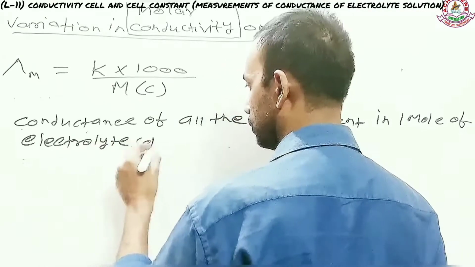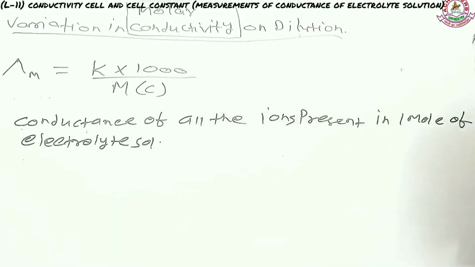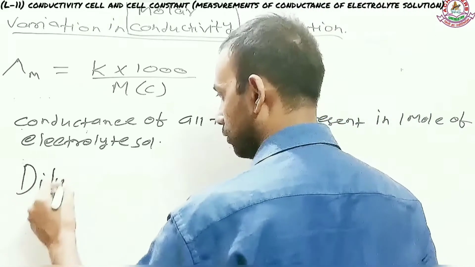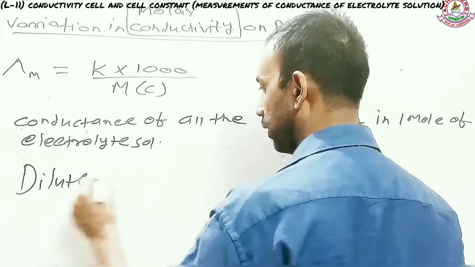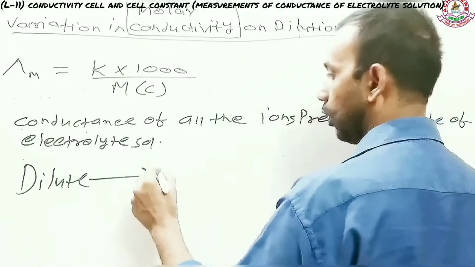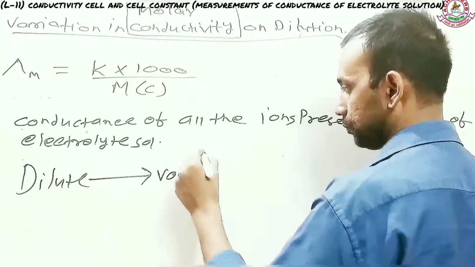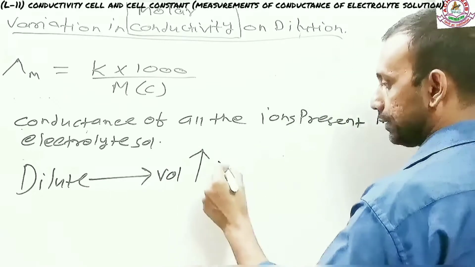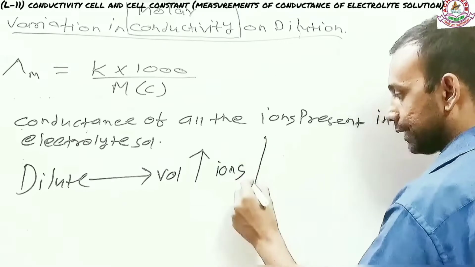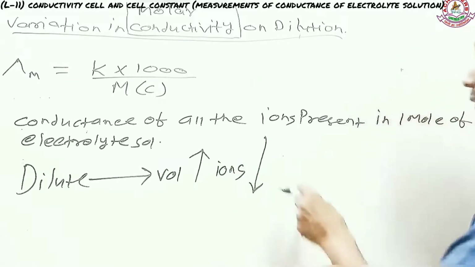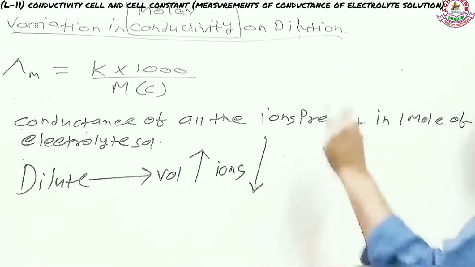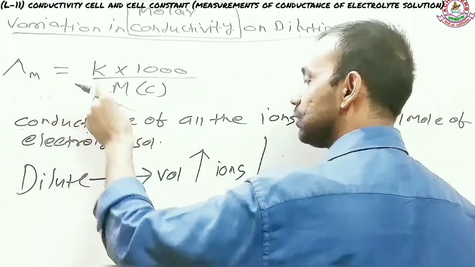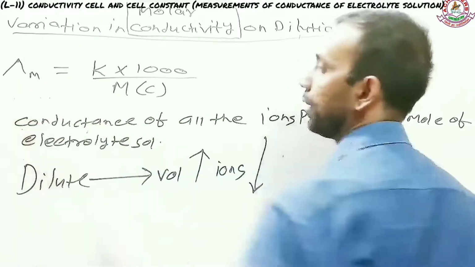Now let's concentrate back here. When you dilute the solution, what happened? The volume of solution is increasing. Volume increases, ions decrease, right? Now what you see out here is that molarity is inversely proportional to lambda.